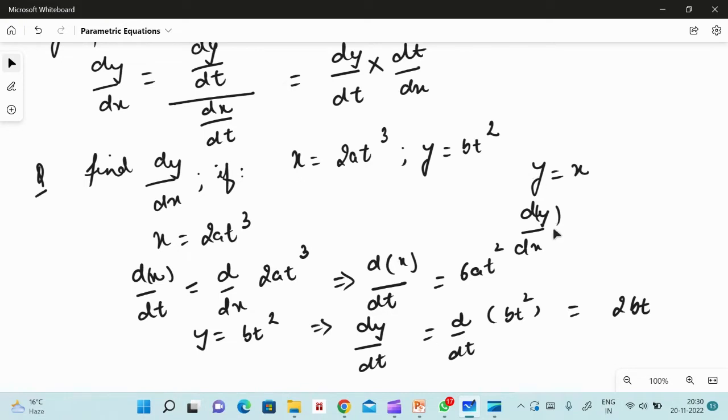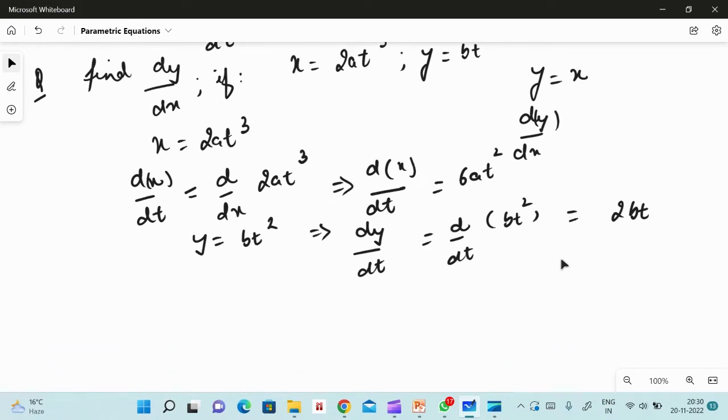Fine. And what is my formula of dy by dx if I have to find the value? So dy by dx is equal to dy by dt divided by dx by dt.